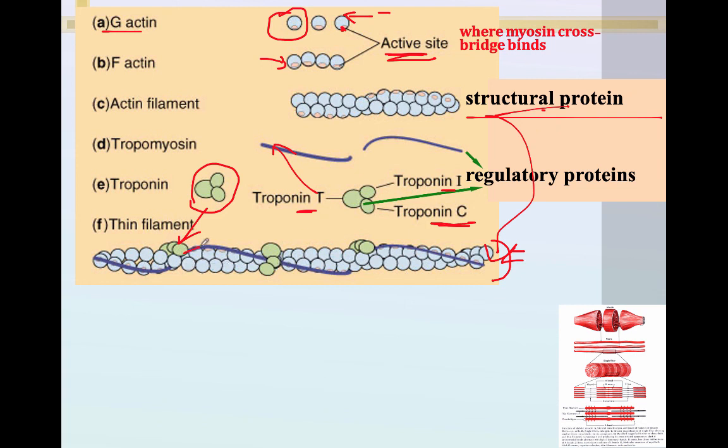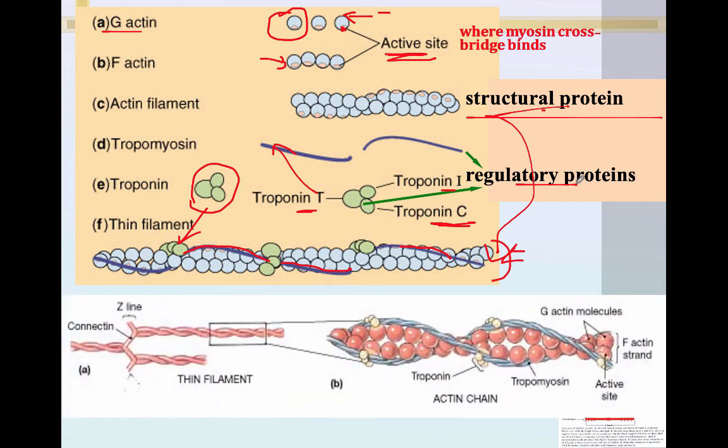And then here you can see the tropomyosin lying along the length of the actin filament, and notice what's covered up here. If you're paying attention, you notice that this covers up those active sites of the thin filament. Now, the troponin and the tropomyosin are known as regulatory proteins because they're regulating whether or not contraction can occur.